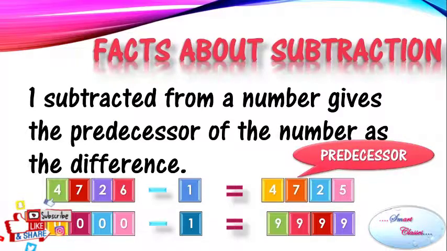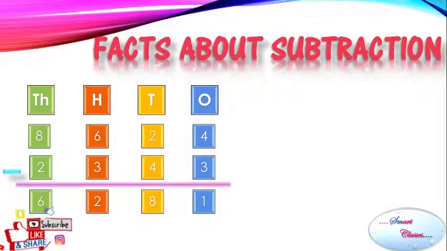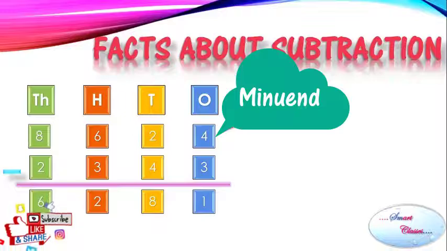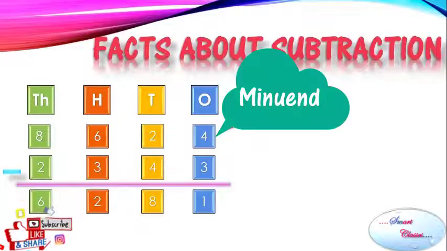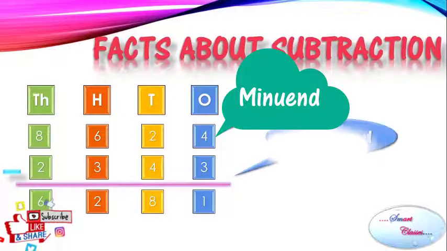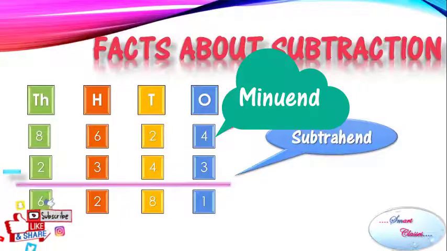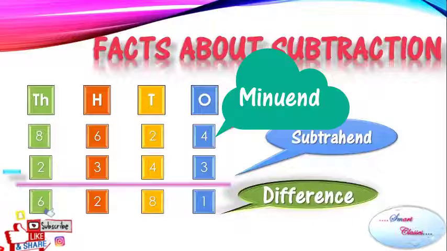The larger number from which the smaller number is being subtracted is called the minuend. The smaller number which is being subtracted is called the subtrahend, and the answer is called the difference.